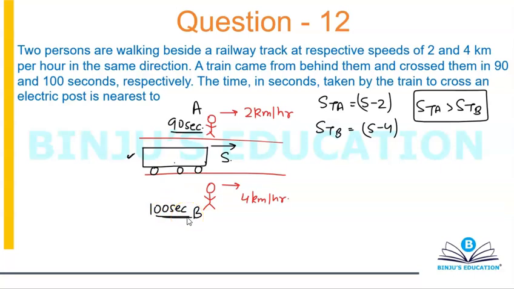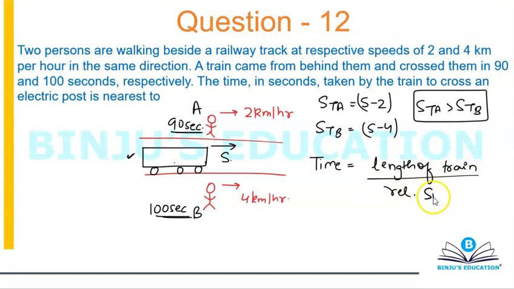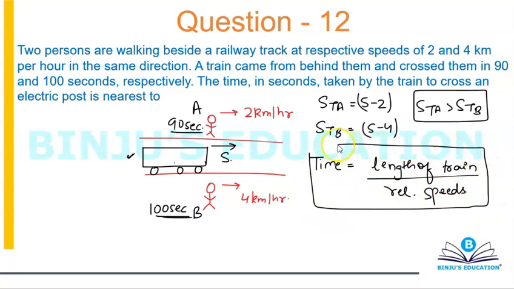Now, whenever a train crosses a man or a pole, then the time taken by the train to cross a man or a pole is usually calculated as length of the train divided by the relative speed, because the width of a man or a pole is considered negligible in comparison to the length of the train, right?